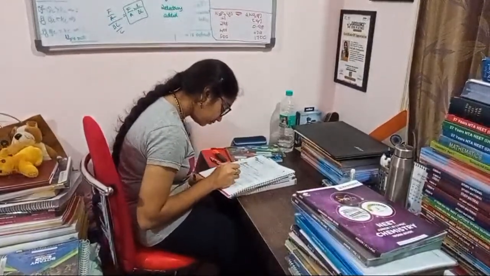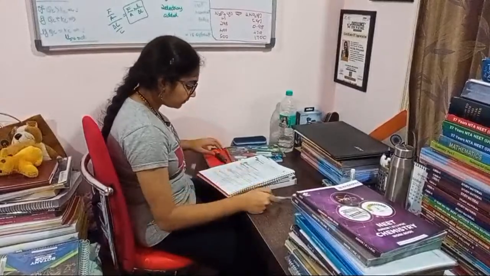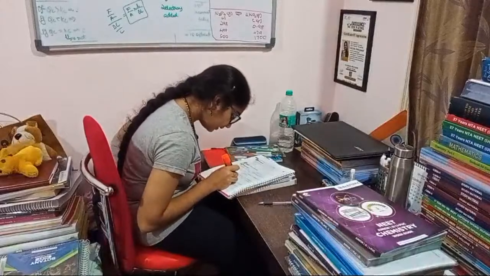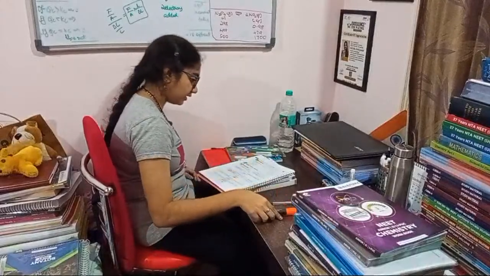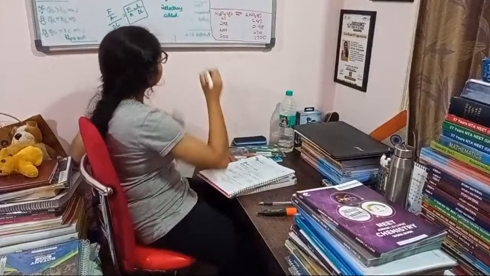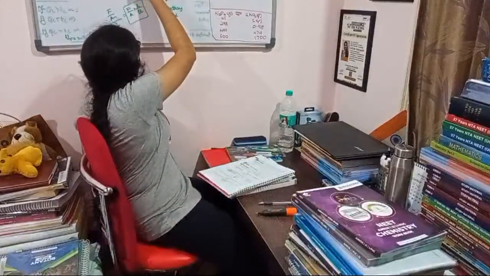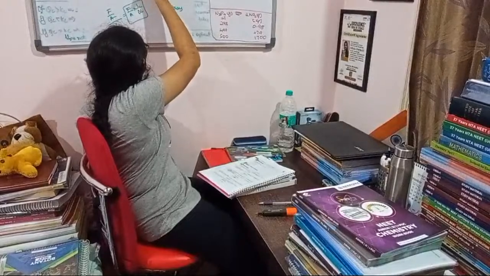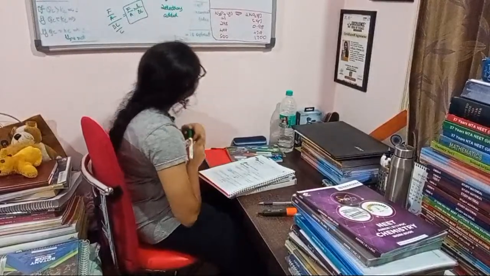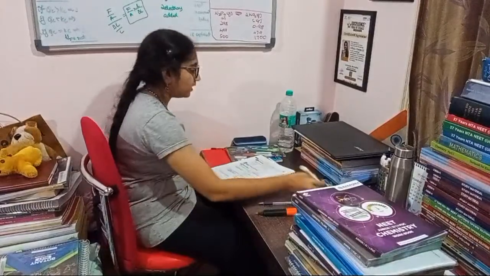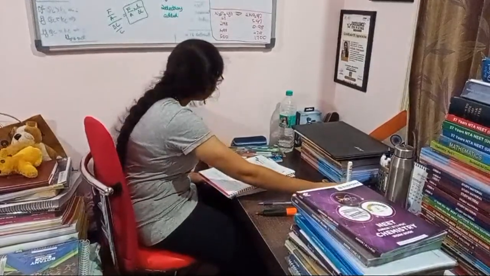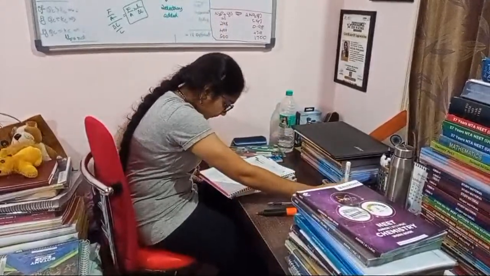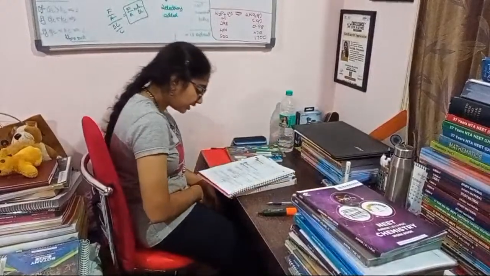So K equals minus P into V by delta V. We have the minus sign also, we shouldn't forget that. This is bulk modulus of elasticity, where we talk about volume stress by volumetric strain, with the minus sign.